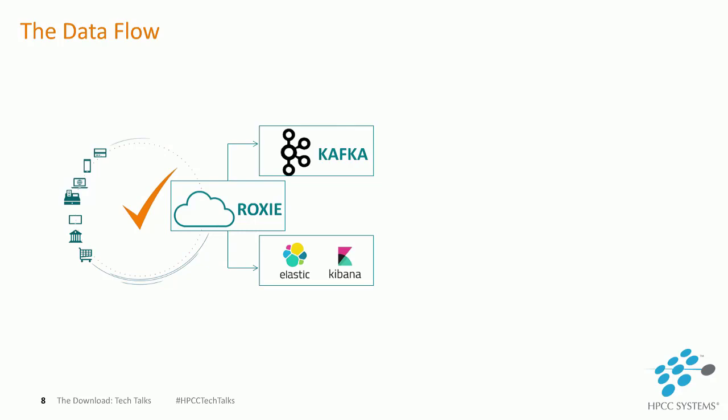This is a little bit of a different architecture. The reason why we push it to both is we are able to maintain the entire message, the entire JSON string that we pass from Roxie to Kafka. We can actually pass from Roxie to Elasticsearch as well. Now, if you think about it, it gives us an advantage that the same message is replicated in both places. So if any one of these systems were to go down, we can actually pull it from the other system.